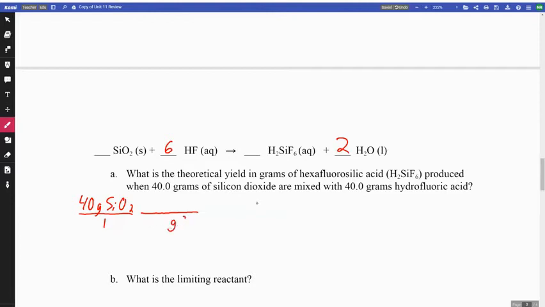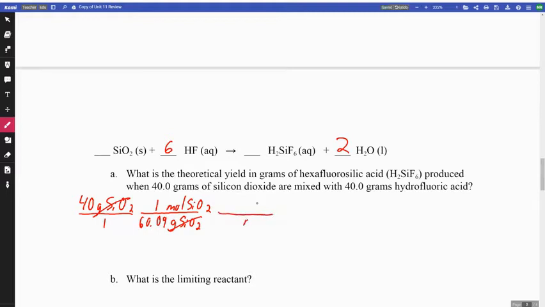Grams of SiO2 goes on bottom. Moles of SiO2 goes on top. 1 next to moles, molar mass next to grams. Grams cancel out. We're left with moles. That's not where we want to be.